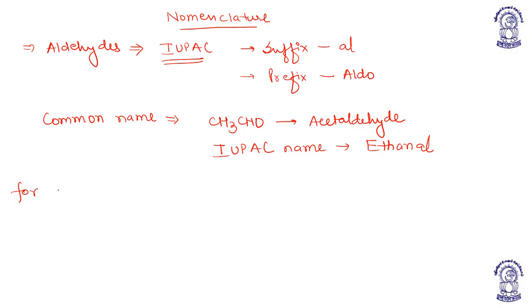For ketones, when you are writing the common name, the common names of ketones are derived by naming the two alkyl or aryl groups bonded to the carbonyl group.